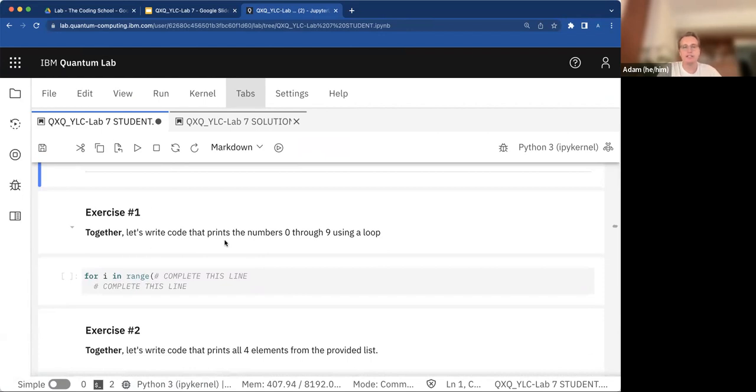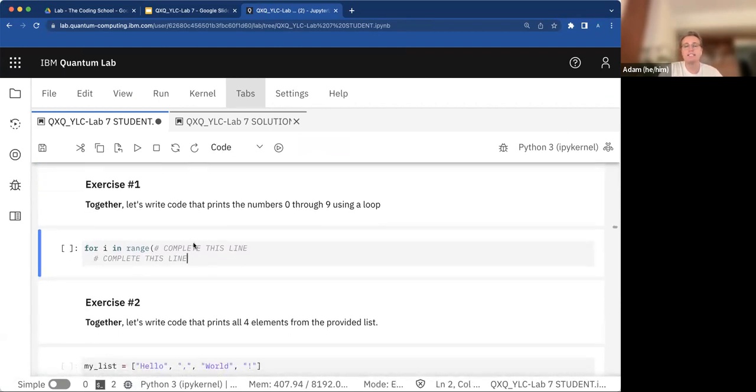Exercise 1 together, let's write code that prints the numbers 0 through 9 using a loop. You've been given some of the code already, but we do need to finish this. In particular, for i in range something, we need to finish this line. There's 2 lines. We want to in particular print the numbers 0 through 9 using a loop.